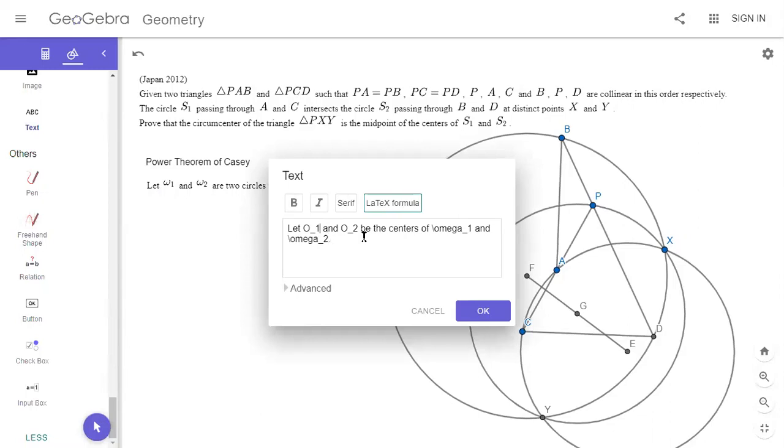So this is a really useful theorem. And I'm not sure if Evan Chen has it in his book.